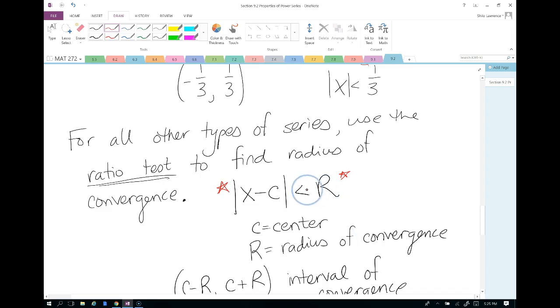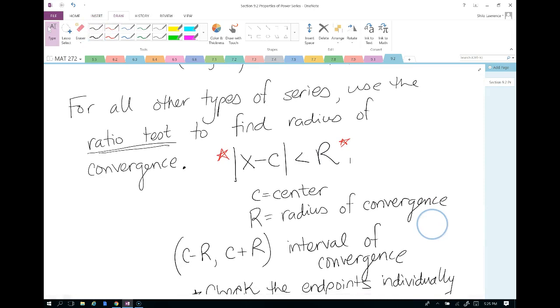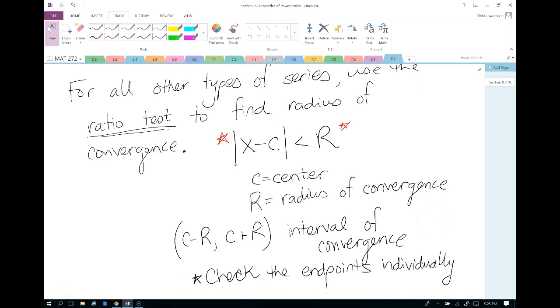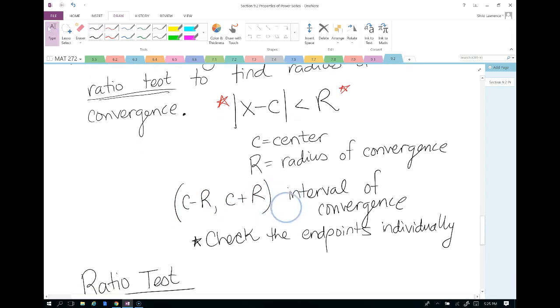That tells us how far to the left and to the right of our center we're allowed to go and have this infinite series still be convergent. So if we're centered at c and R is the distance away from the center, we're allowed to move R units to the left of the center and R units to the right of the center.